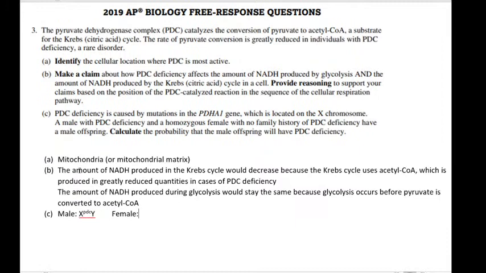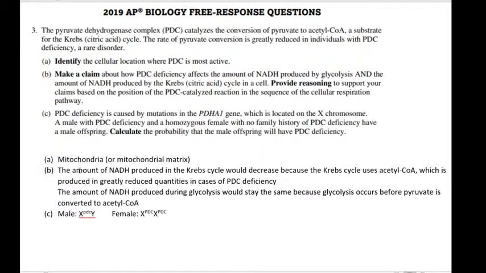And for the female, she is going to have 2 X chromosomes, each of those with functional copies of the PDC gene. So I'm using the uppercase PDC there to show that that is the functional copy.